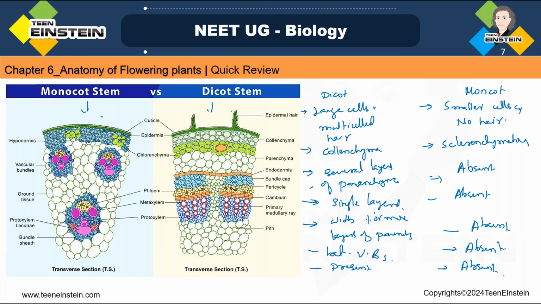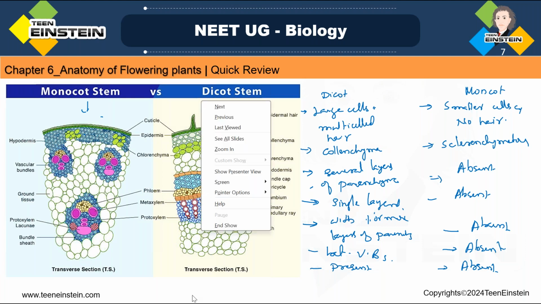But here in the monocot, scattered vascular bundles you can see. That means not arranged in a particular pattern. See, here and there it is scattered, but here it's arranged in a ring shape in dicot, but in monocot it is in a scattered format. Which one? The stem vascular bundles. Okay.